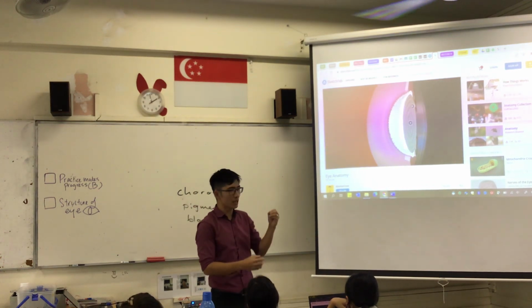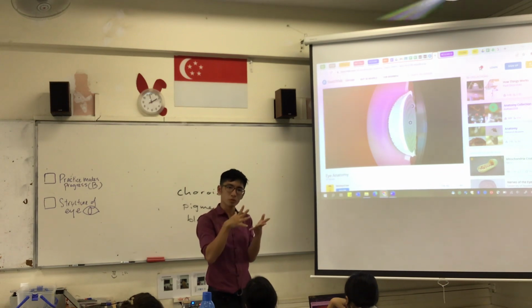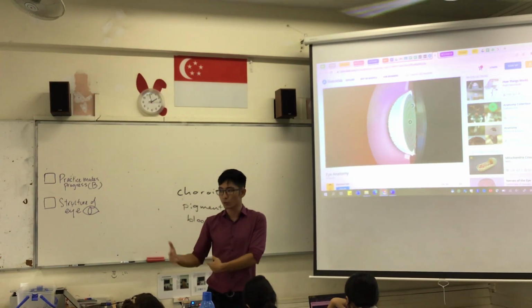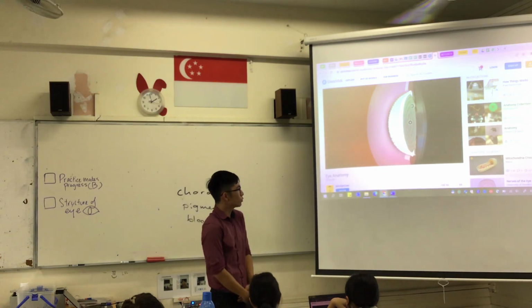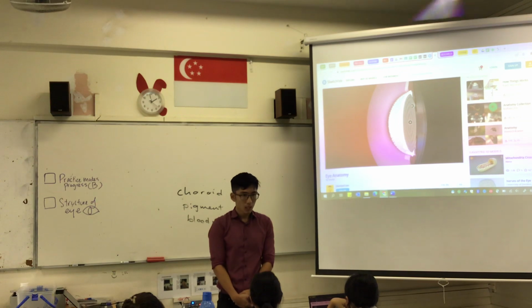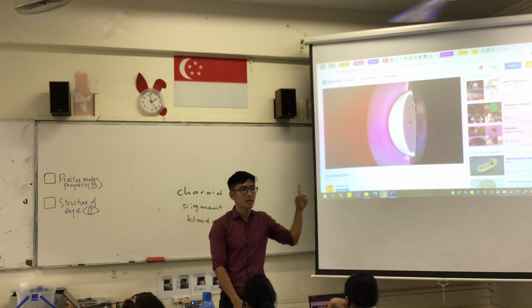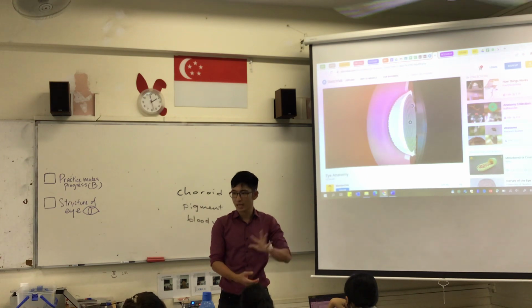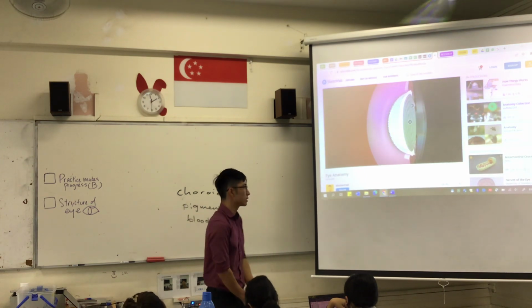If I want it to be thicker, these strings will become looser, and then the lens will become thick. We'll learn more about this in subsequent lessons. Here today we just know about the structure. We call those strings suspensory ligament because it suspends the lens within the eyeball, and it's a ligament.